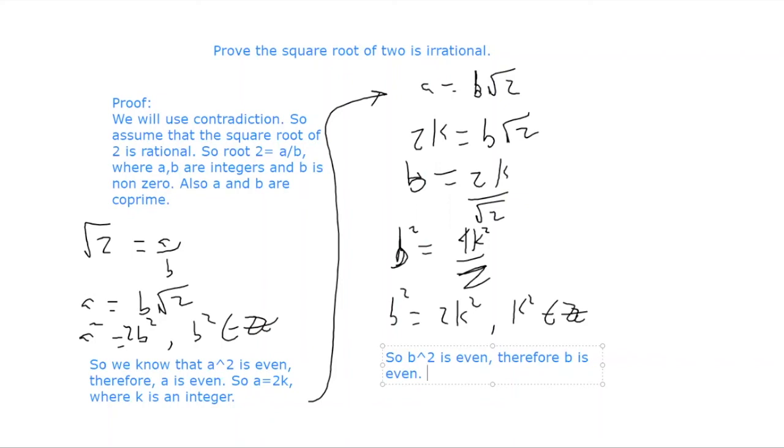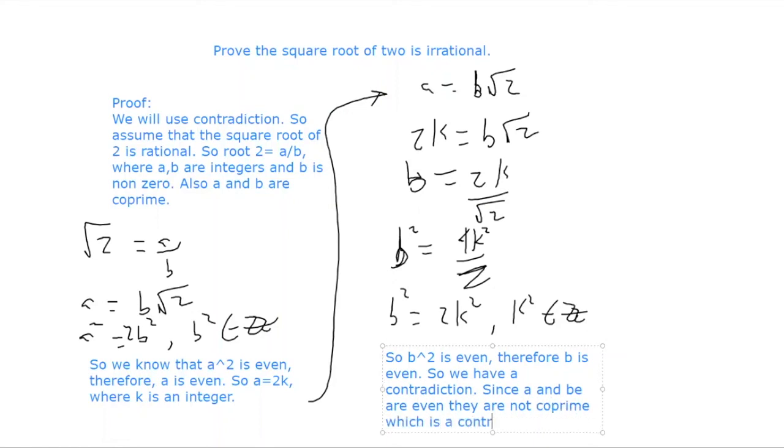But at the very start, we said that a and b are coprime, and so they can't be reduced anymore, I suppose. So we have a contradiction. Since a and b are even, they are not coprime, which is a contradiction.